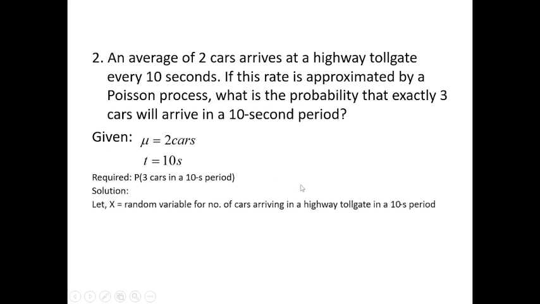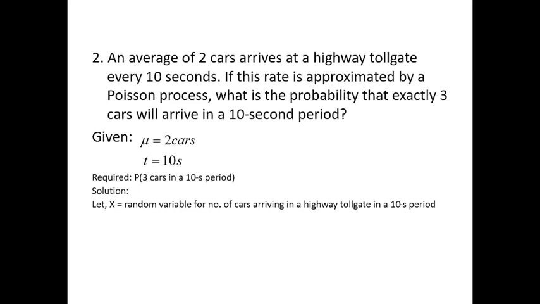So, solution to the problem. We let x be the random variable for the number of cars arriving at a highway toll gate in a 10-second period. Now, how did I know that the random variable is the number of cars arriving at the highway toll gate?